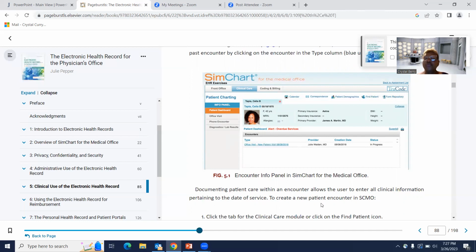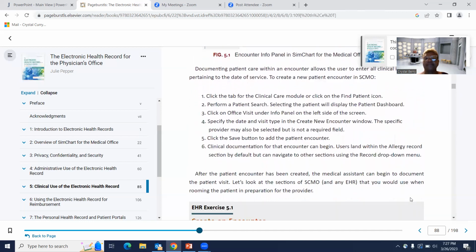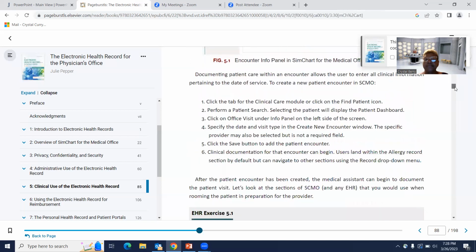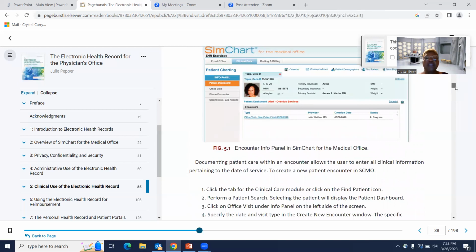To create a new patient encounter in SCMO, it tells you step by step. Click the tab for the clinical care module or click on the Find Patient icon. Perform a patient search. Selecting the patient will display the patient dashboard. Click on Office Visit in the info panel on the left side of the screen. It's giving you all of this information here on the left side of the screen.